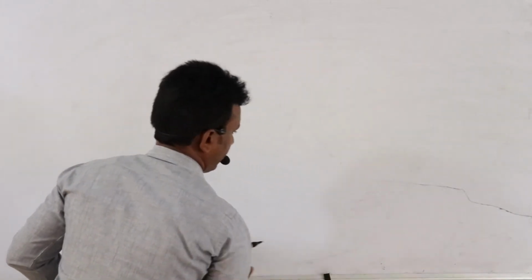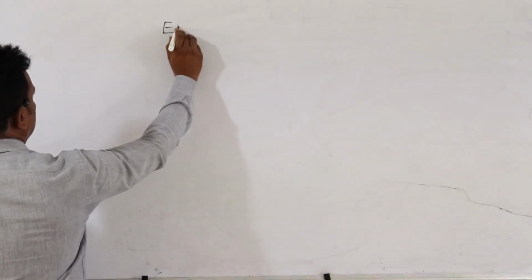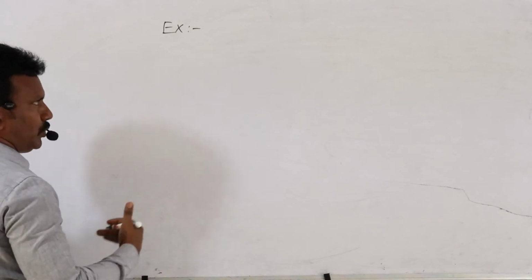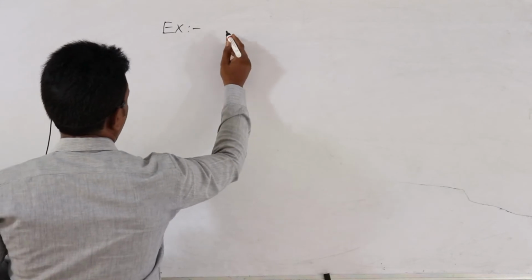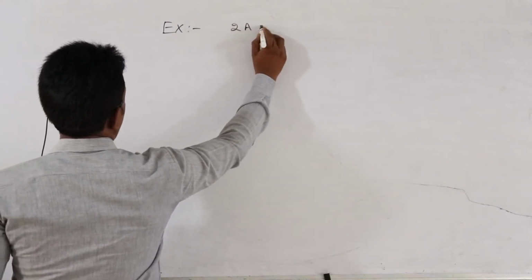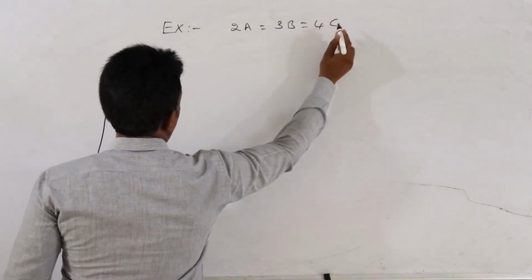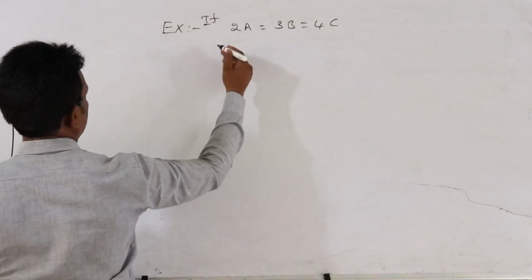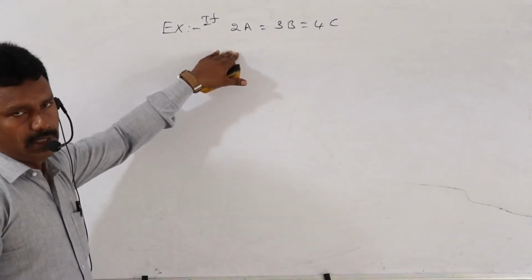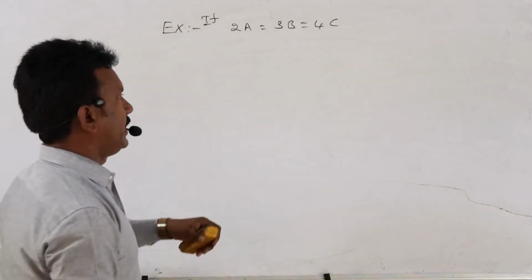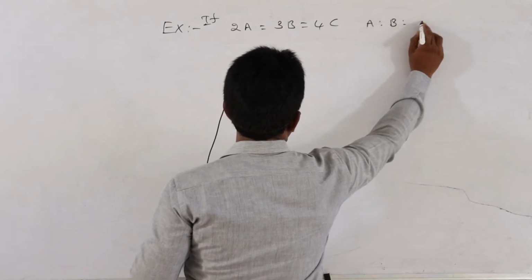Now we follow some more examples on ratio and proportion. Next model: the given condition is 2a is equal to 3b is equal to 4c. Then find the ratio a is to b is to c.